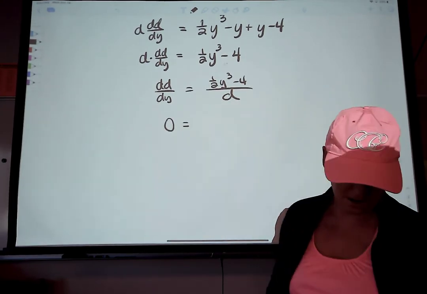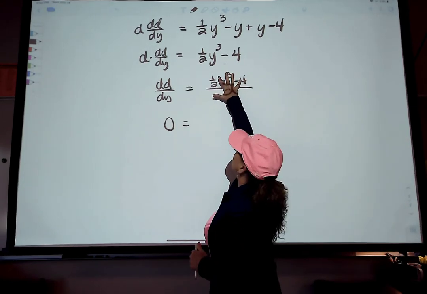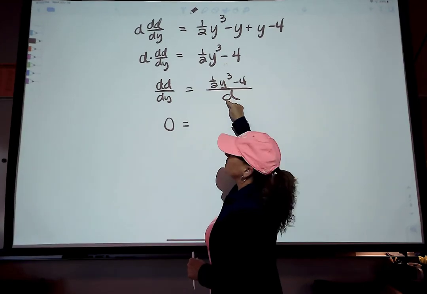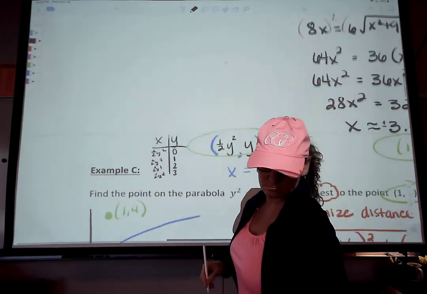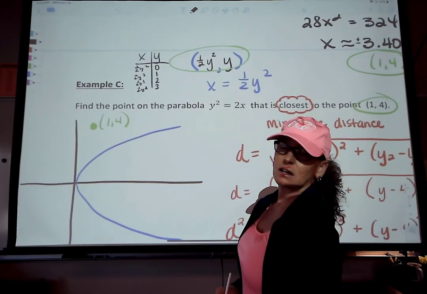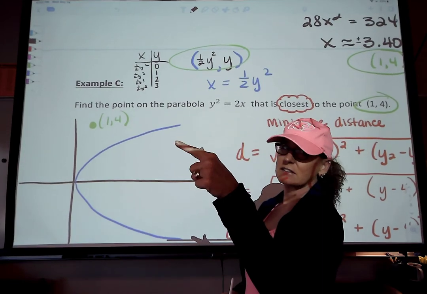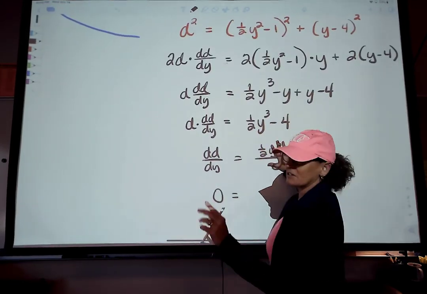Well, yeah. So what's it going to take for this fraction to blow up? This distance would have to be 0. That distance is not going to be 0. From my parabola to my point, that's not going to be 0. So this derivative is never going to blow up.